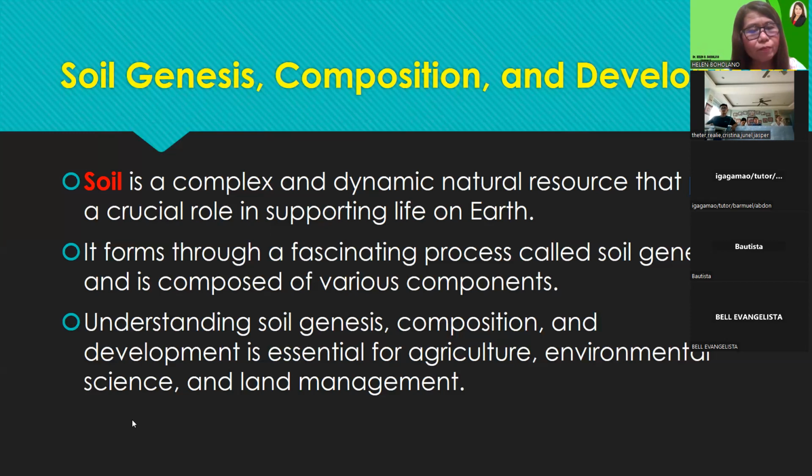So that's why they go together, no? Understanding soil genesis, composition, and development is important for agriculture, environmental science, and land management. So even when we are going to have our own house, there are areas wherein it is residential, there are areas wherein it's agricultural, or even industrial.